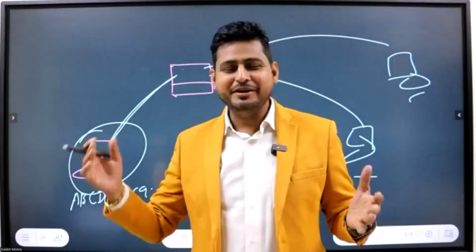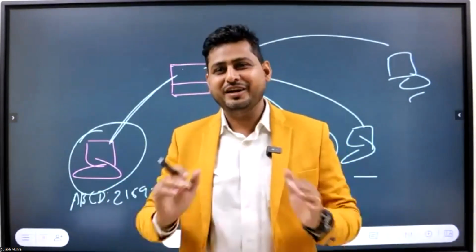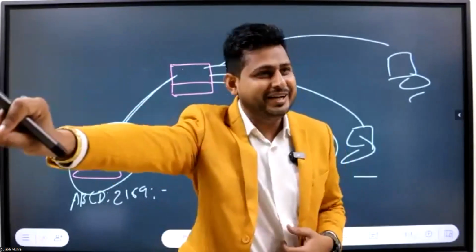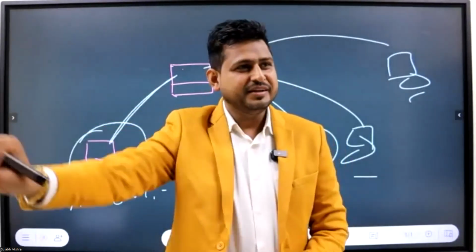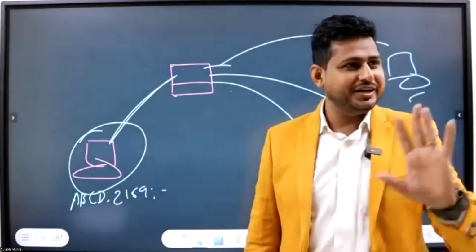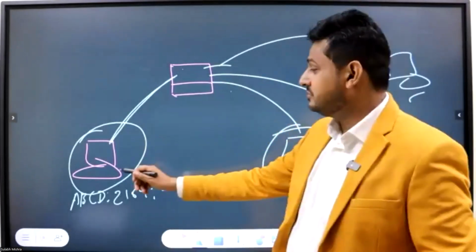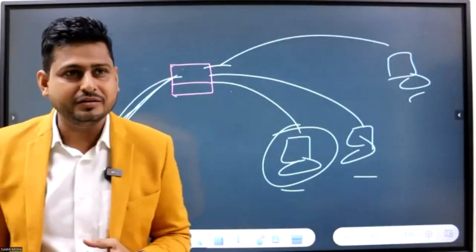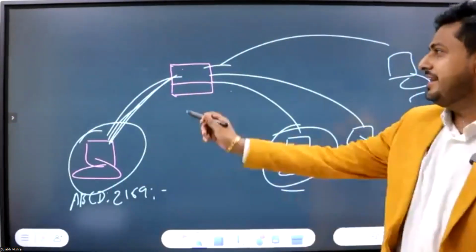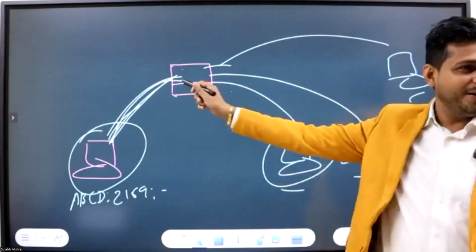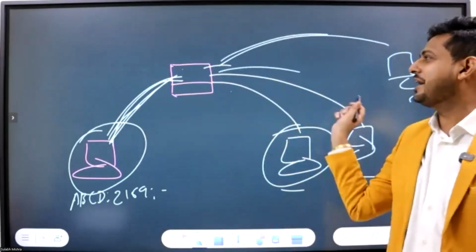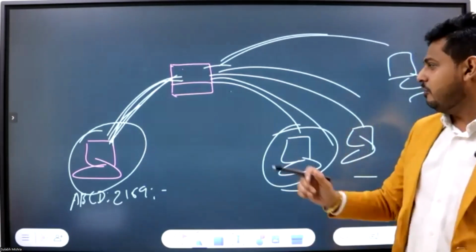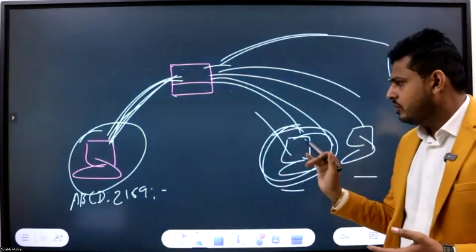It is good if you can go and tell someone directly. So hubs and bridges did the same work. When they receive a packet on one port, they send the packet to all other ports, everywhere, to everyone. Now each system will come to know: is this packet for me?